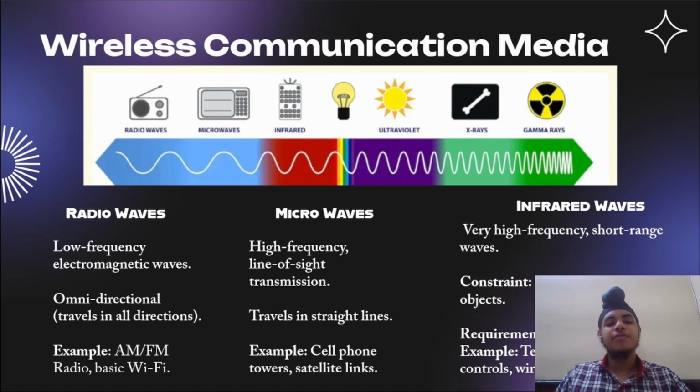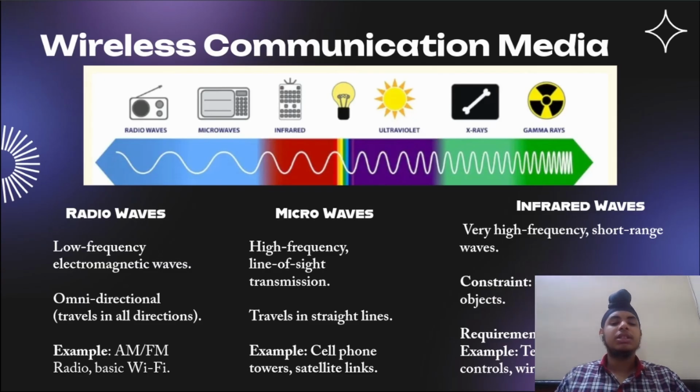Next is infrared waves. They are very high frequency and short range waves. They cannot penetrate solid objects, that means they cannot pass through solid objects. Requirement: strict line of sight. Examples: television remote controls and wireless keyboards.